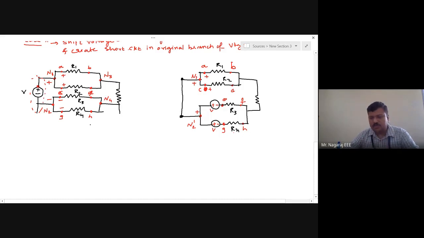Once we go into the numerical problem solutions, we'll get more practice. This is one more technique of circuit analysis, and we will be using these techniques to get equivalent circuits.